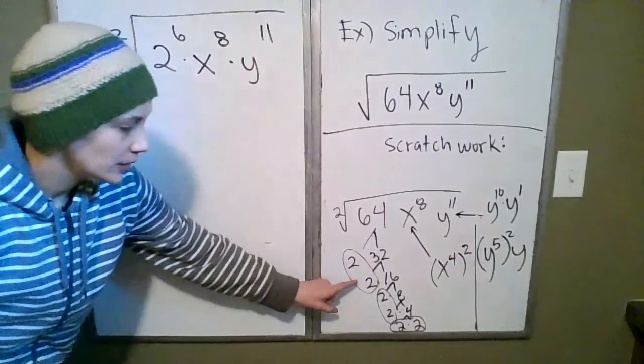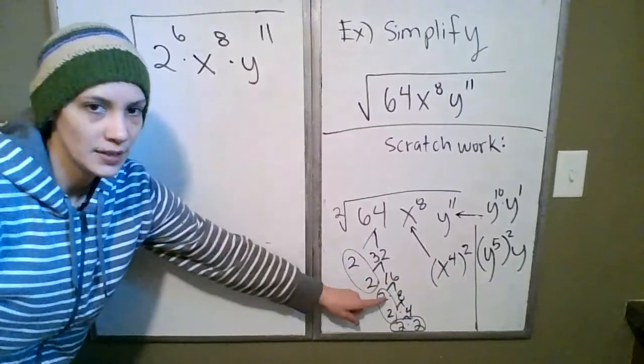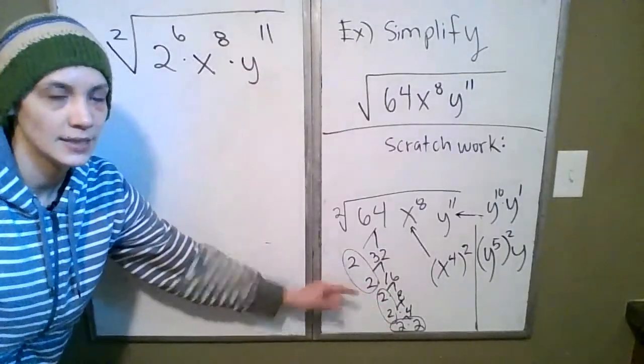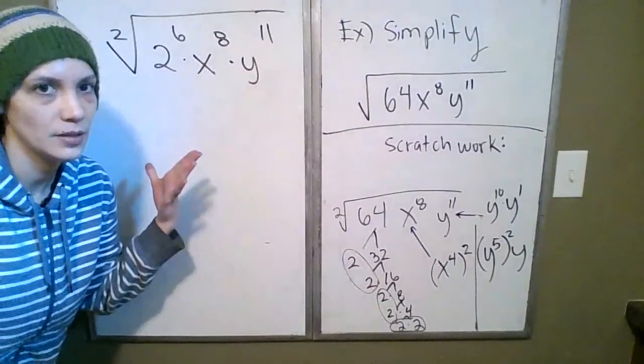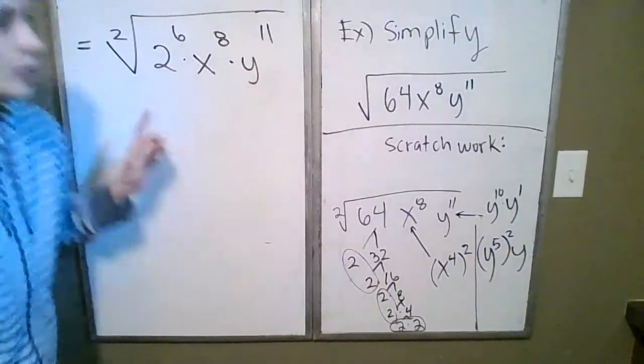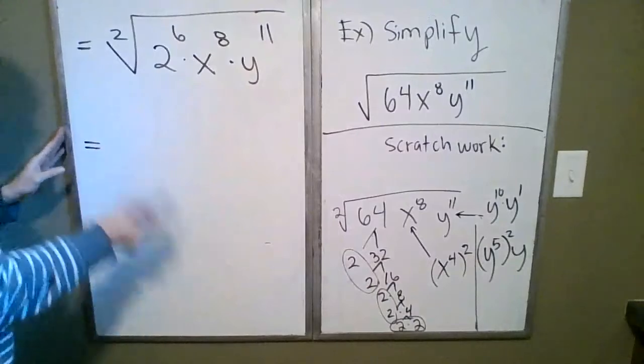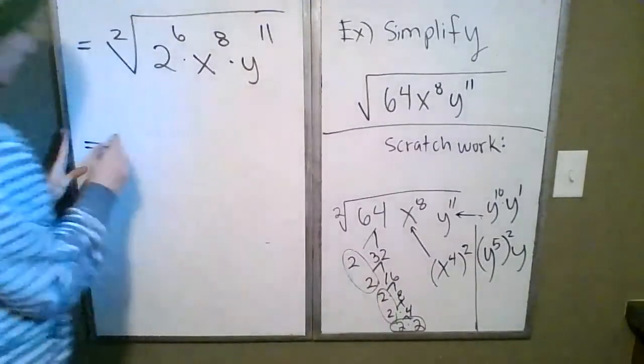Okay, so I said earlier, we're going to bring out a 2, multiply it with that 2, multiply it with that 2, and we'll have 8. 8 outside of the root. Or let's see. Let's do 2 times 2 times 2.